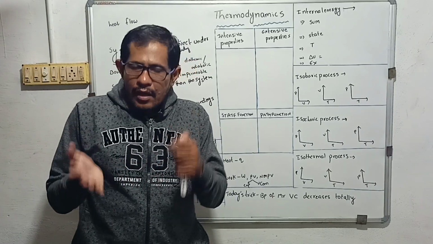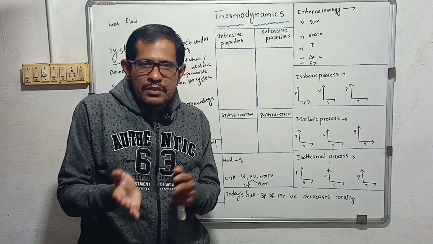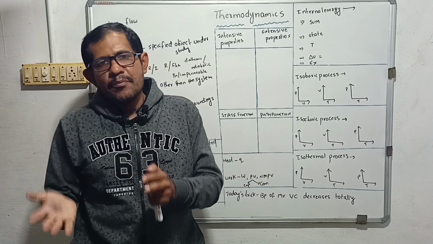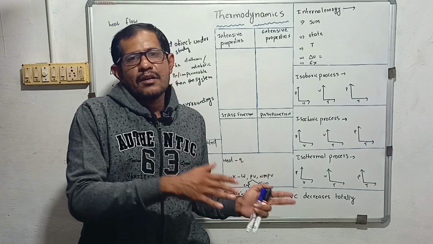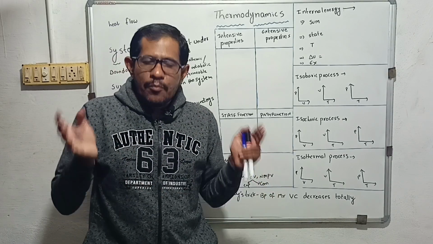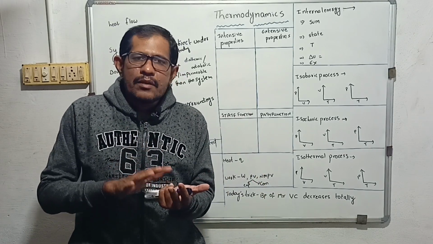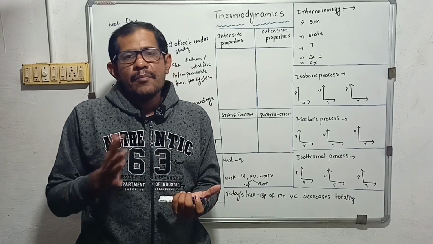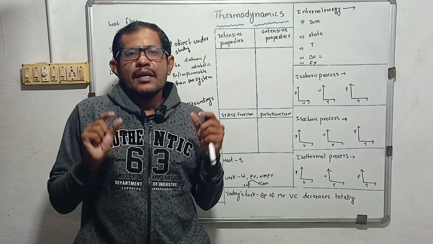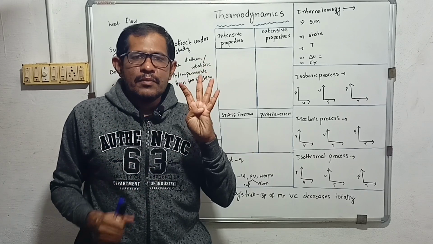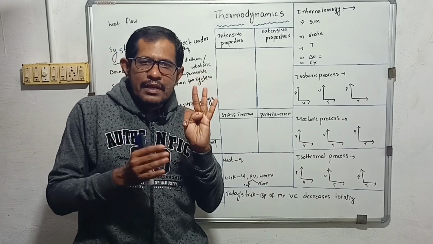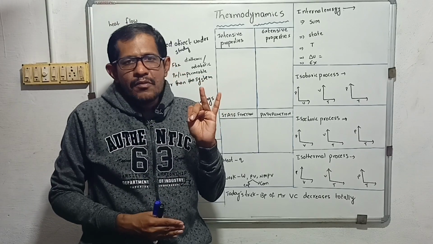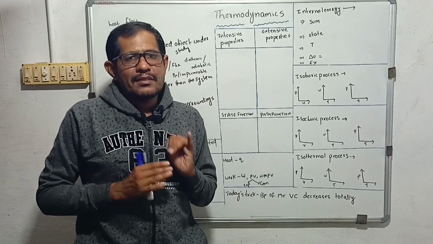It may be diathermic, allowing heat to pass from system to surroundings or vice versa, or adiabatic, which does not pass heat. I hope you understand the four parts: system, the specified part under study; surroundings, other than the system; boundary, which separates the system and surroundings; universe, system plus surroundings.